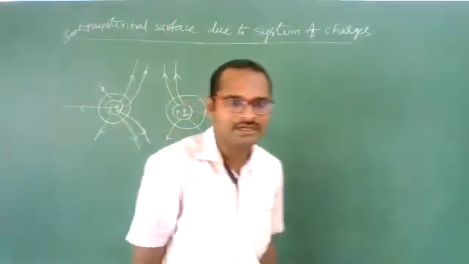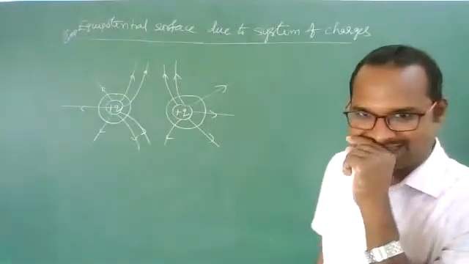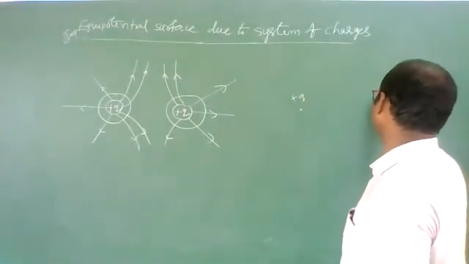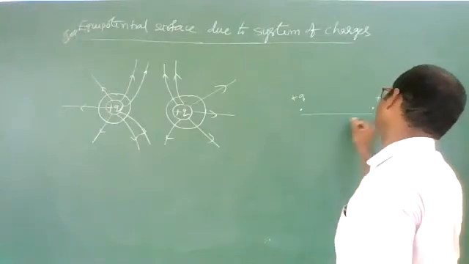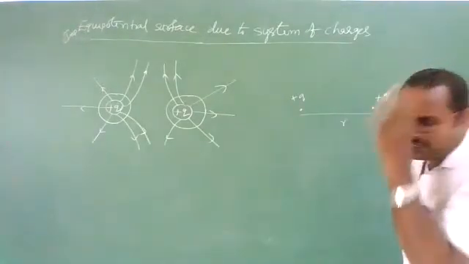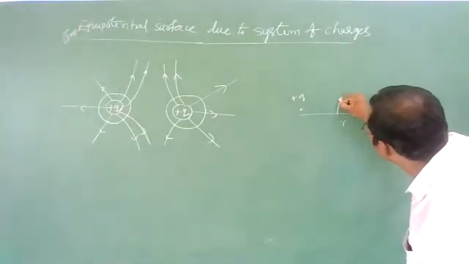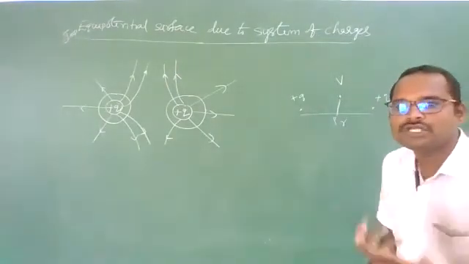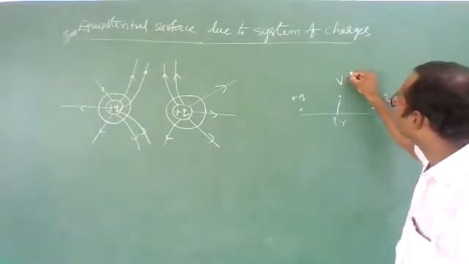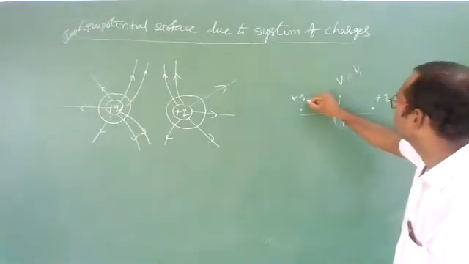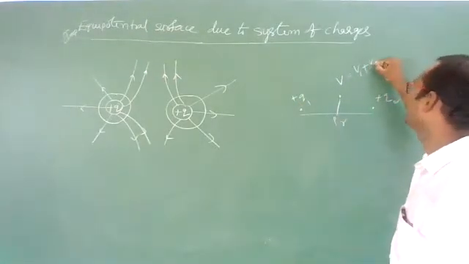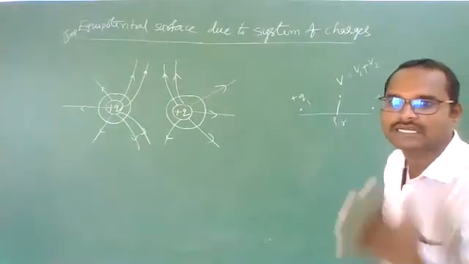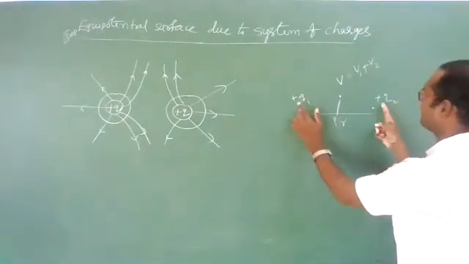Now, students, imagine two charges are there. This is a plus charge, this is also a plus charge, and the distance between them is r. Imagine at one particular point P, what will be the potential here? The potential is due to two charges, due to the first charge and due to the second charge. And both will add up because both are positive charges. Because potential is a scalar, they will add up just like numbers.